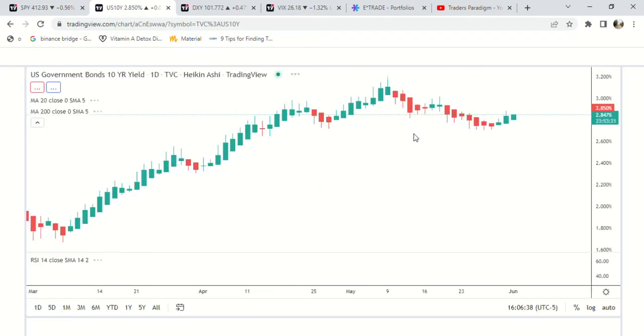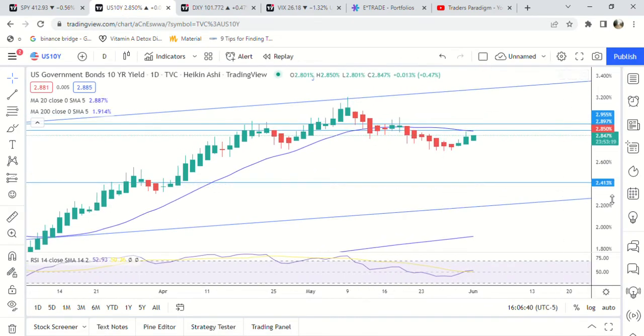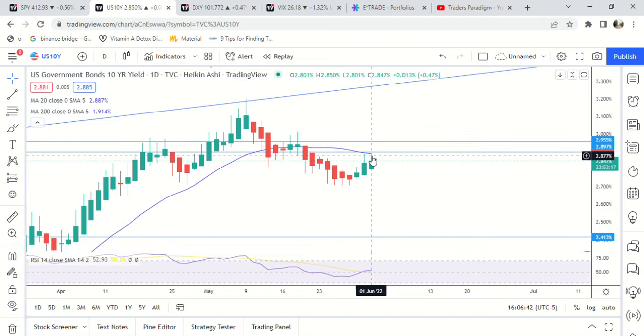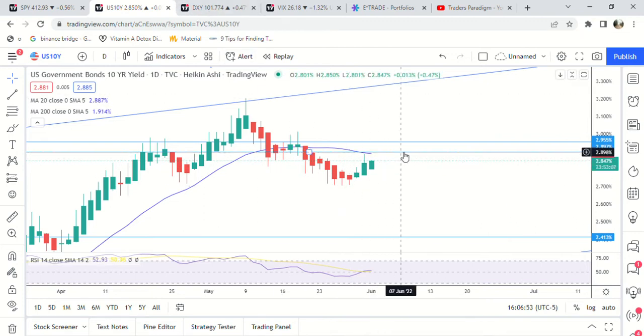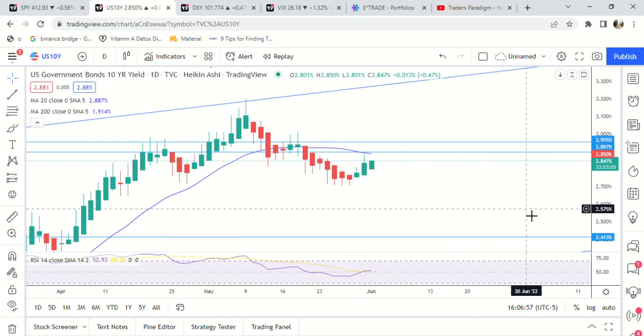And then the 10-year yield is bouncing for its B wave as well, which isn't really bearish for equities, but the dollar strengthening is. So we should just get a bounce here to about 2.9 all the way to 2.95 and then start the C wave down.